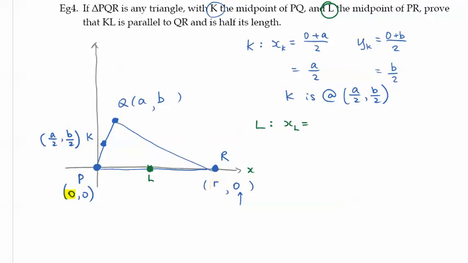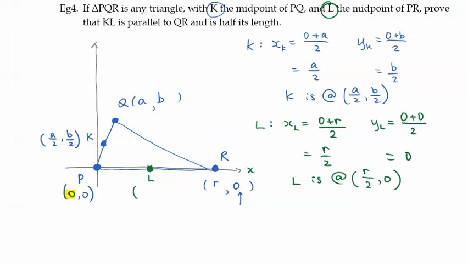That gives us the x coordinate of point L. And I can do the same thing for the y coordinate. This is pretty easy. You don't need to calculate this. You can probably read it off your graph. And this will give us the coordinates for point L. We have coordinates r over 2 and 0.